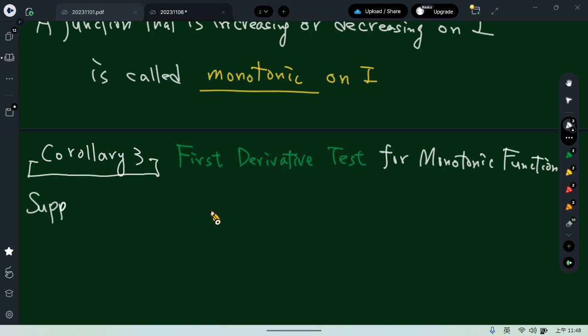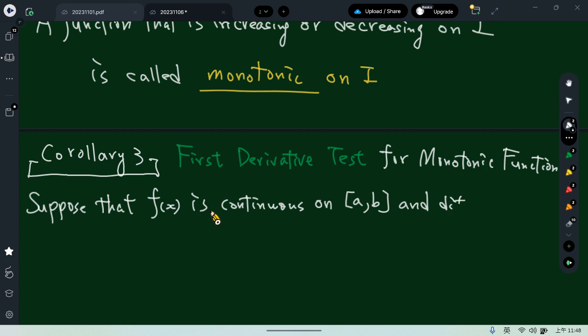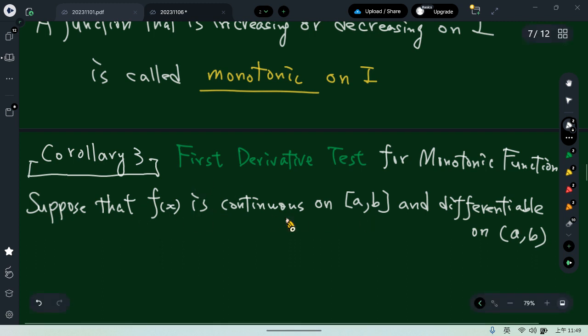Suppose that f of x is continuous on [a, b] and also differentiable on the open interval (a, b). We have already seen this precondition at least three times, right? The precondition is just like this.